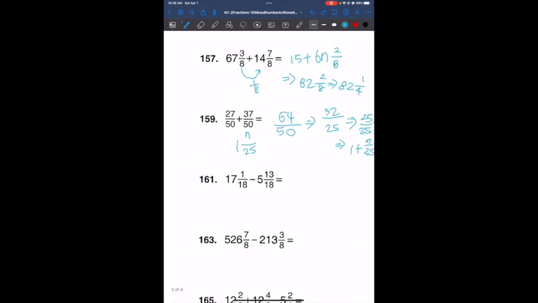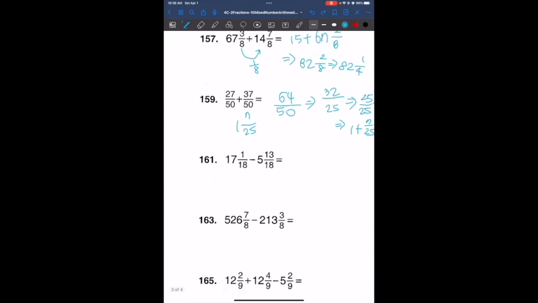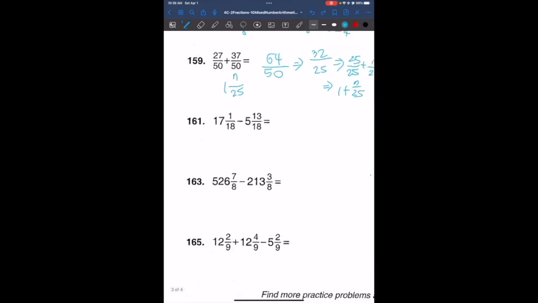And then for this problem, we can figure that 5 and 13/18 is 5/18 less than 6. So we're going to add it to both sides.